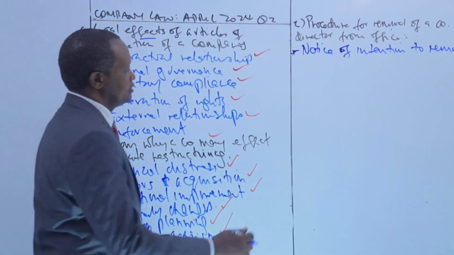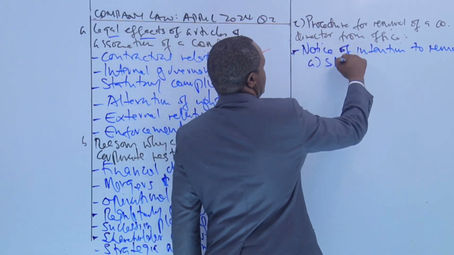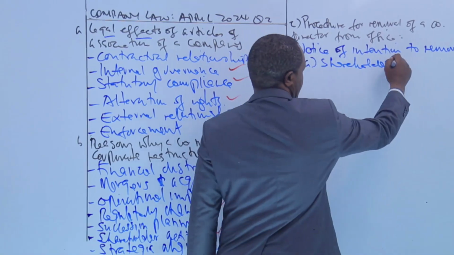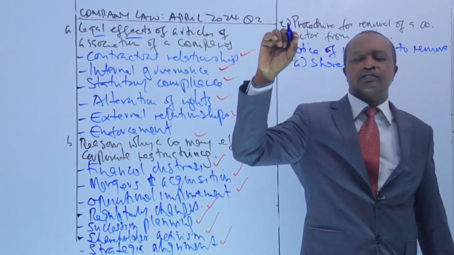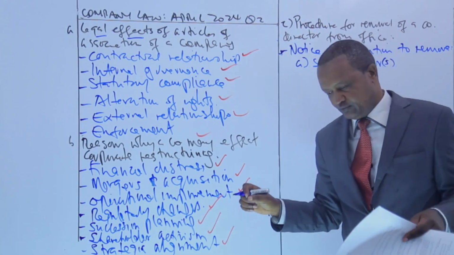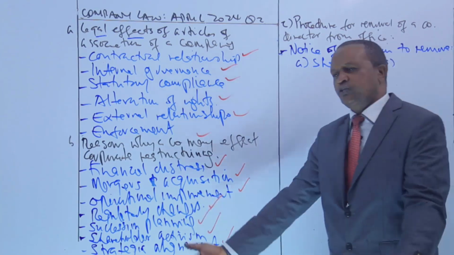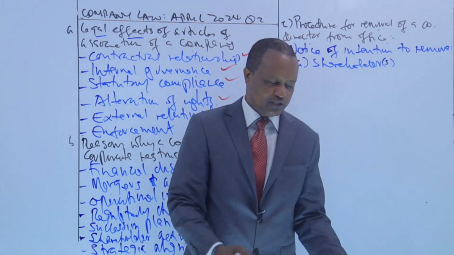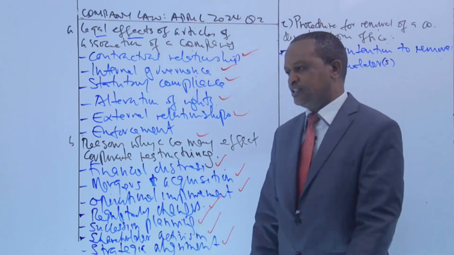Shareholders. That is to say, a shareholder, so I've put an S here in bracket, or a group of shareholders. It can be a single shareholder or a group of shareholders who holds at least 10% of the voting rights.